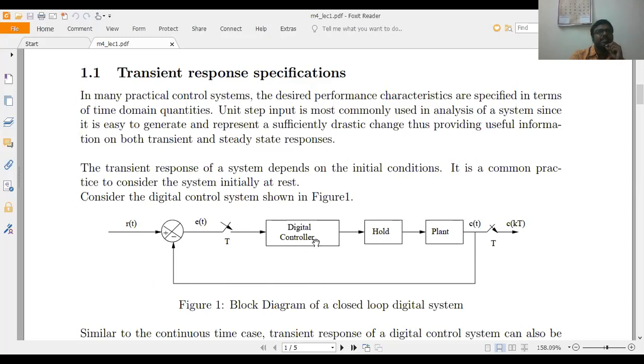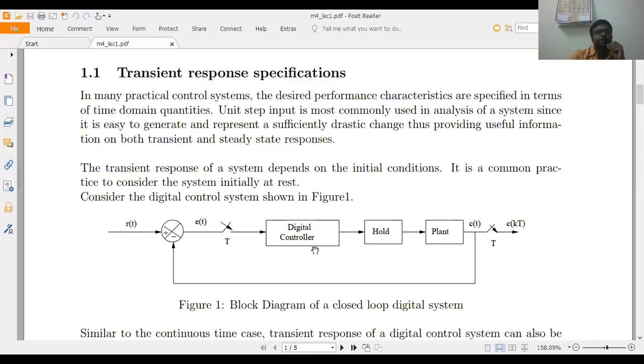In this one, for the digital controller to be used in the process, it has to be cascaded with a sampler, which we have discussed in unit 1. Why the sampler is going to be used and why ideal sampling is carried out, all these topics we have discussed in unit 1.